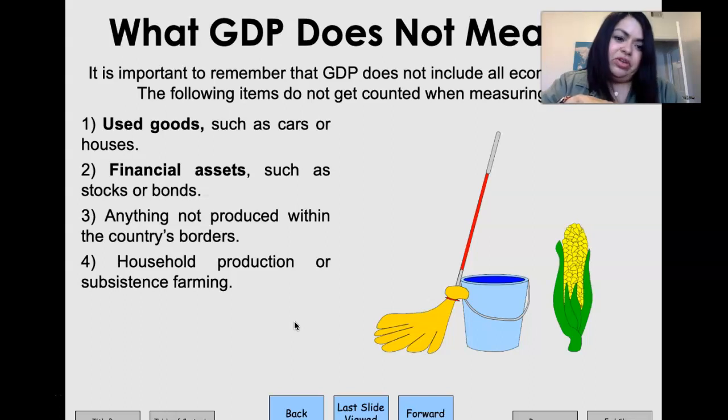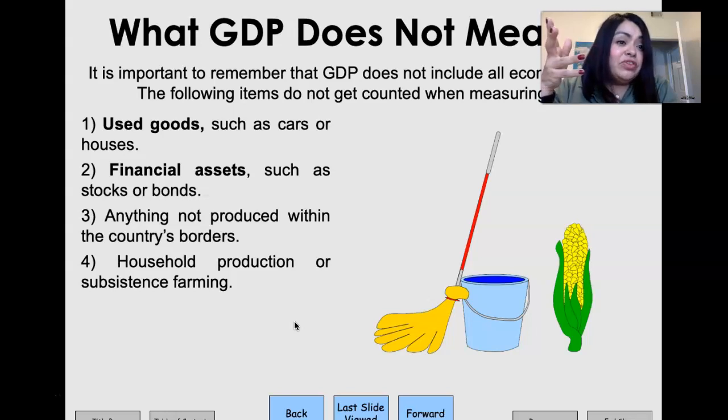That's not counted into GDP. We also don't count subsistence farming, which means if you are growing food in a garden, and I have a garden in my backyard, and you're supplementing your food supply with that, it's not counted.